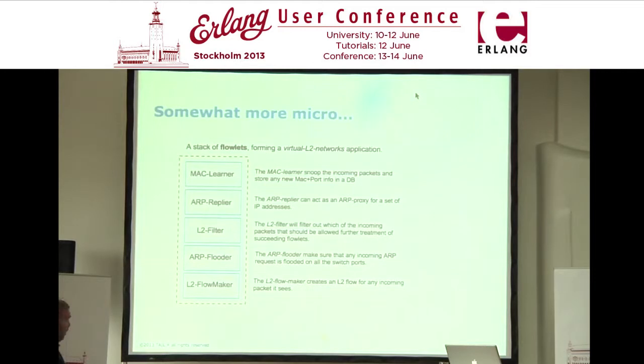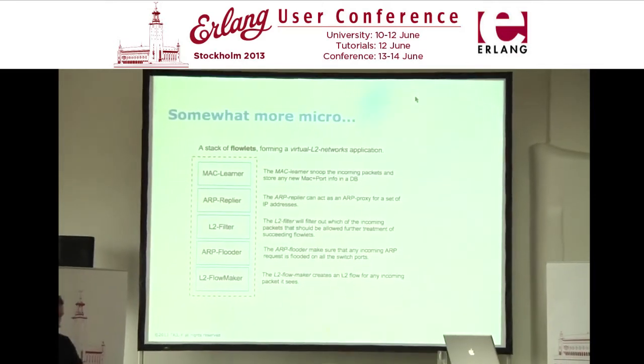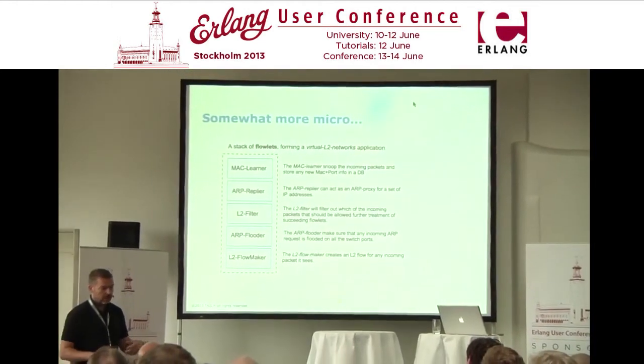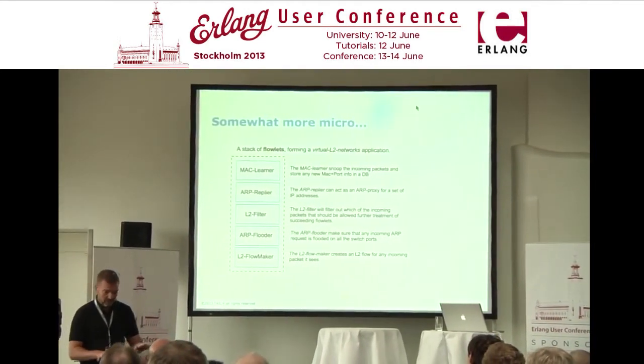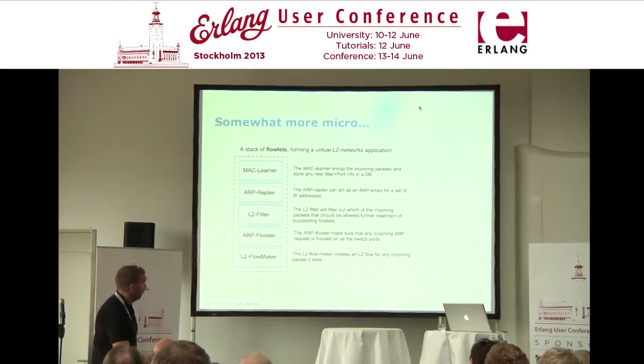If it goes through the layer 2 filter Flowlet, you end up with the ARP Flowlet in this case. And what it does is simply, an ARP request entering the switch, and we don't know what to do with it, so flood it out on all the ports except the ingress port on the switch. So that's the normal way ARP requests spread through the network.